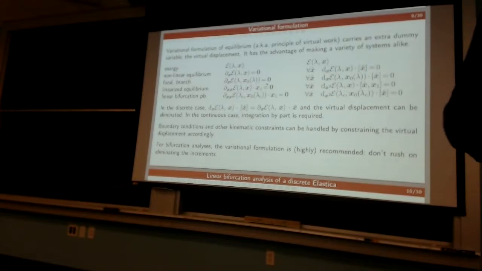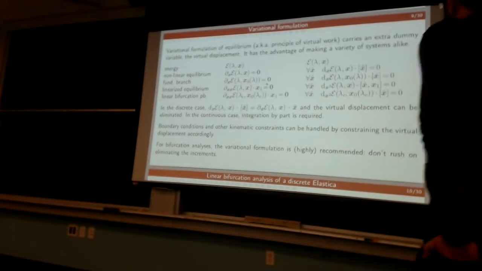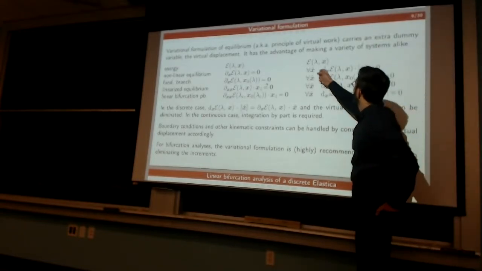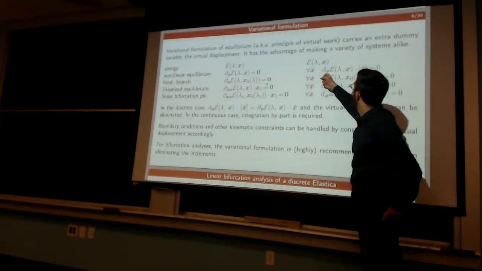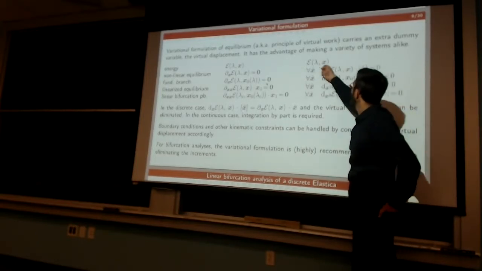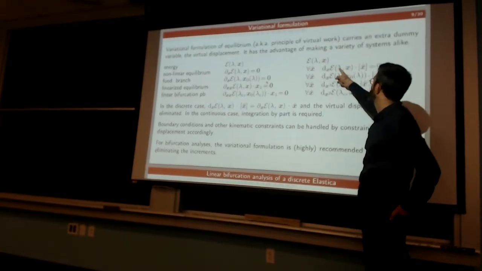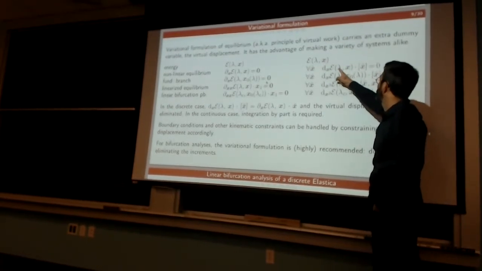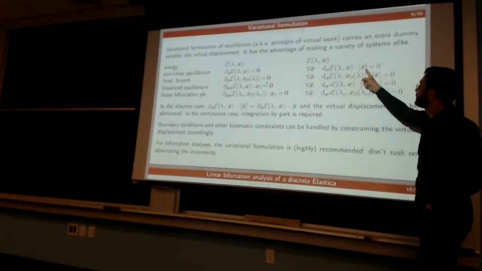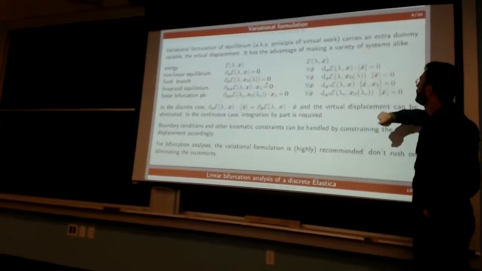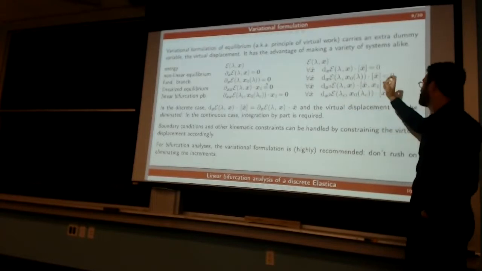And I'll show you examples of continuous structures. So this is now the variation of E. It's a linear mapping that depends on what configuration I'm linearizing about and what's the value of the load. And it's linear with respect to the increment I've specified. And same for second derivatives. I show an example here.